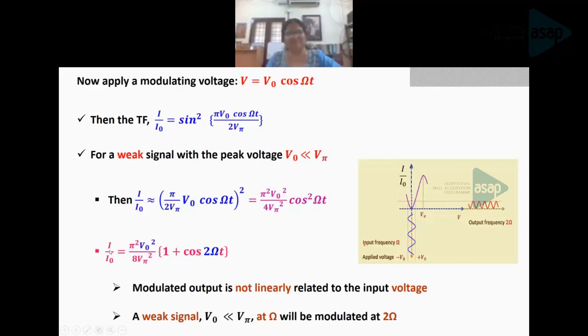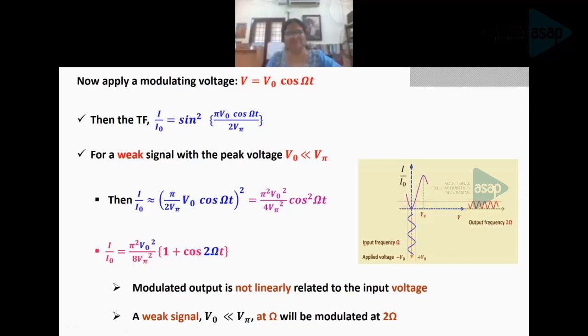It is not linear in voltage. Also, the input wave is at frequency omega, but we get an amplitude modulated signal at a frequency of 2 omega. This is a problem.